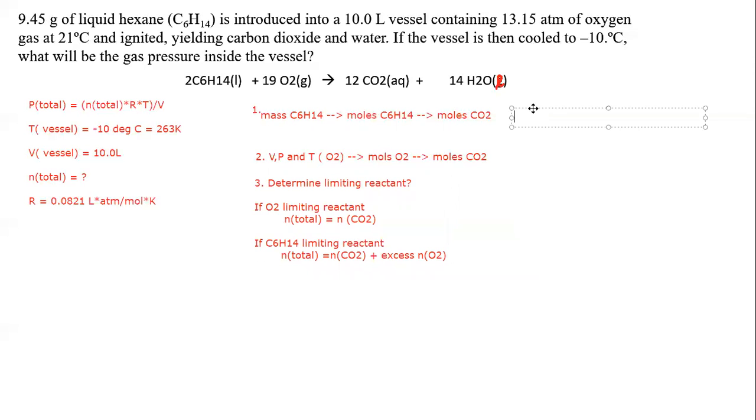So for the first one, converting mass, we'll take 9.45 grams. We've got to divide by its molar mass, and then multiply by the mole ratio. Here it's 12 to 2.